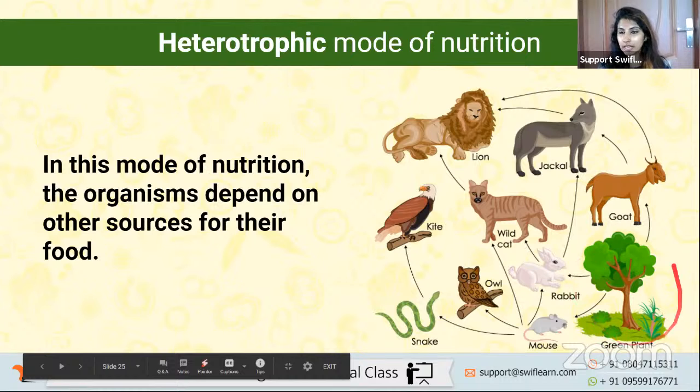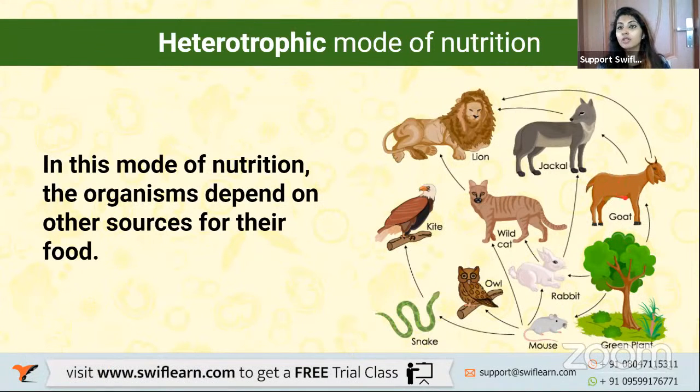There is this green plant here, and this green plant is consumed by a goat. A goat is a very domestic animal which does not attack. Goats are grown at home or taken care of at home, so a goat does not know any attacking.